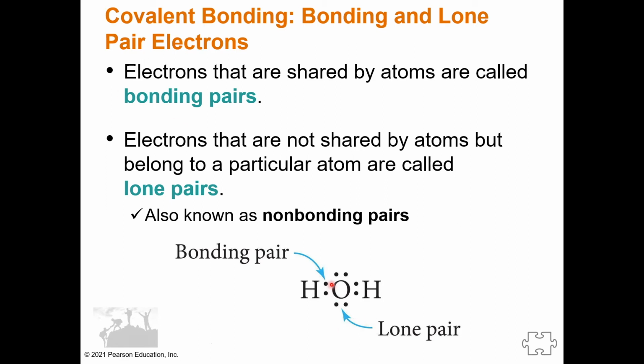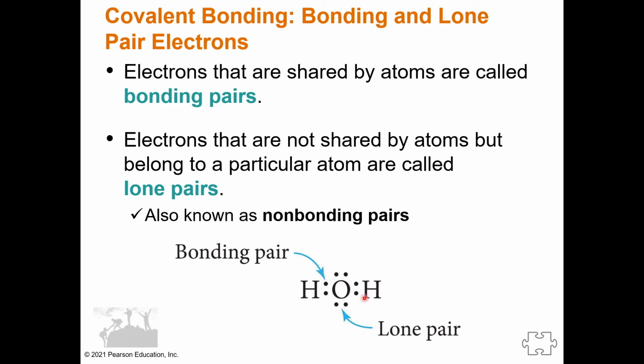We could see one bonding pair here between the oxygen and the left side hydrogen, and another pair between oxygen and the other hydrogen. The other 4 electrons constitute the 2 lone pairs that are found only on oxygen.